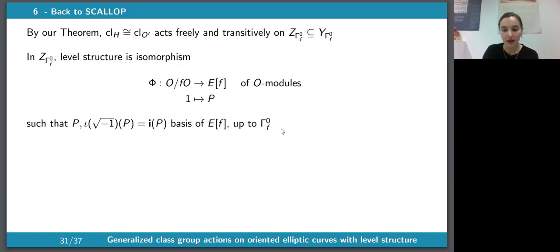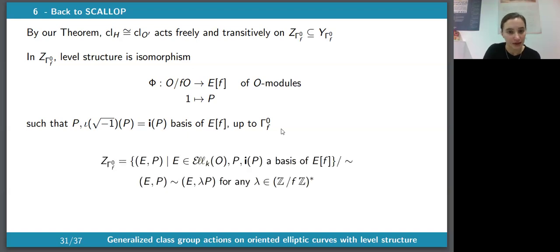base changes. So in other words, this means that in Z gamma, we only need to specify a point on the elliptic curves, a point such that P and I of P is a basis of F torsion.